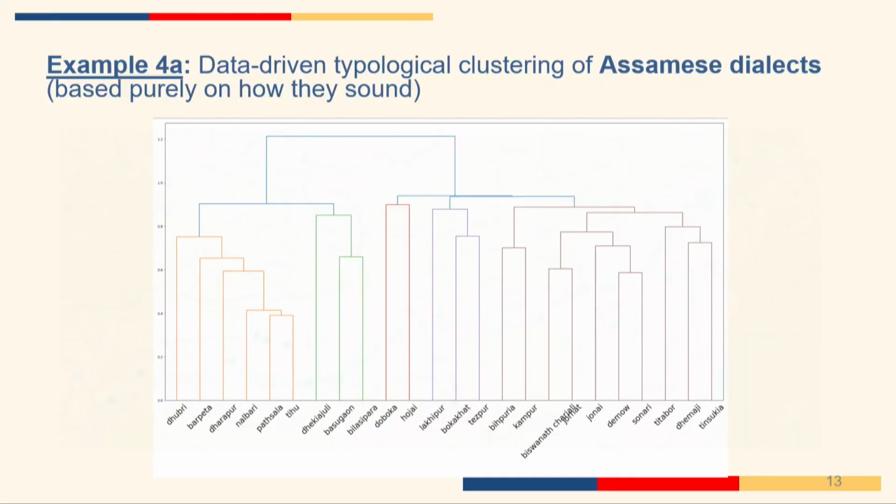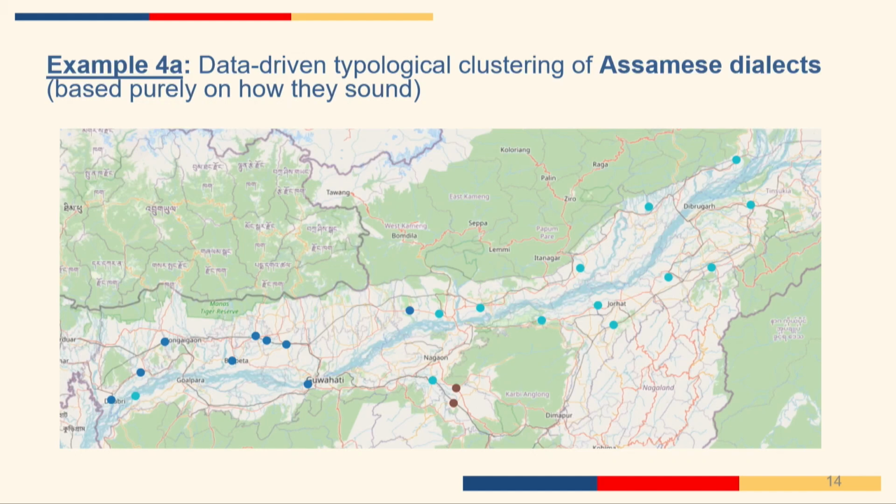We can put those colors on the map of Assam here. There should be 5 colors: 1, 2, 3. Oh no, we only have 4 colors, so it's split somewhere else. But you can see that it actually makes geographical sense how this goes.